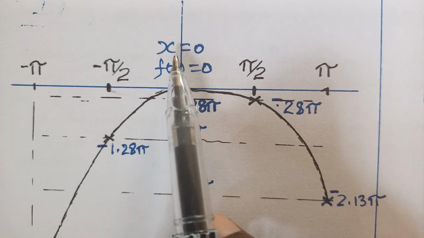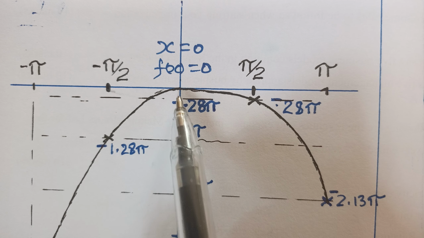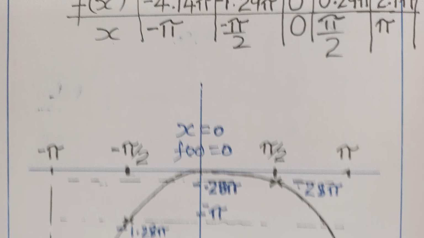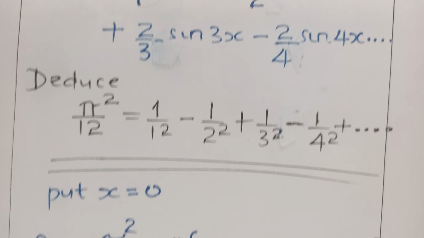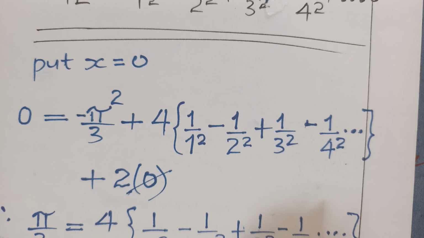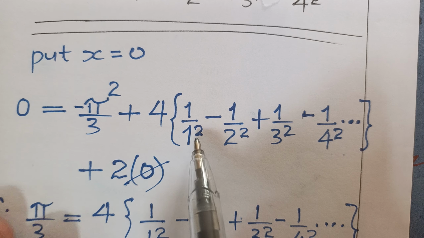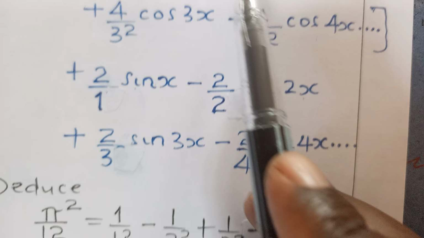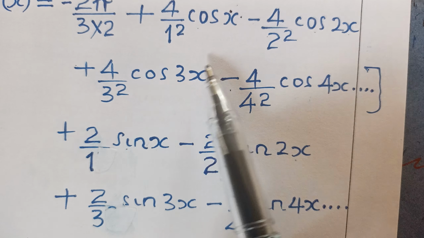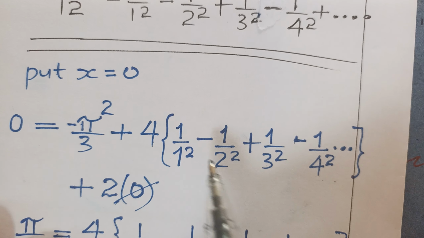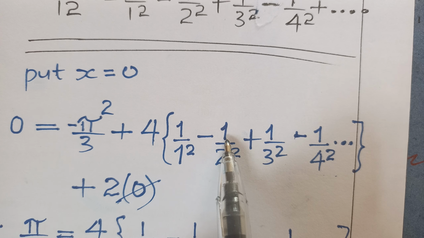So here is the graph, x equals 0, f(x) is also 0 at that point. And that's what I mean. And so when we put that, guys, we shall be putting the first case for cosine. We now put cos as 0. So when you put cos as 0, all these are going to be 1. These are going to be 1s.